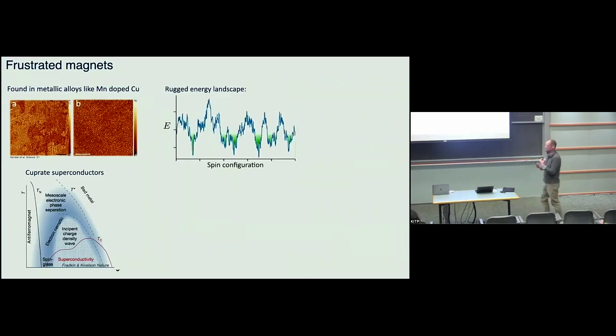So what defines them, or if not defines them, what's a characteristic property? It's this very rugged free energy landscape. So unlike a ferromagnet, which is kind of like, I don't know, Ohio, I'll pick on Ohio, where you have maybe 2 rolling hills and one dip, all up and one all down.